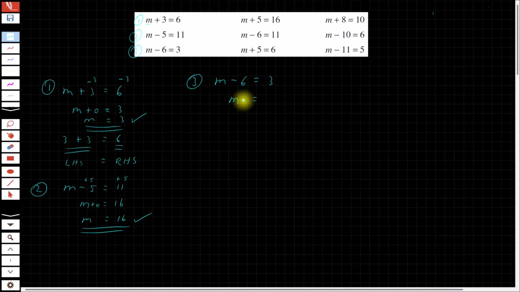We don't need to write that down. But we also need to do exactly the same thing to the right hand side. So we added a 6, we need to add a 6 to the right hand side here. So 6 plus 3 equals 9. That is our answer. You can see 9 take away 6 equals 3.